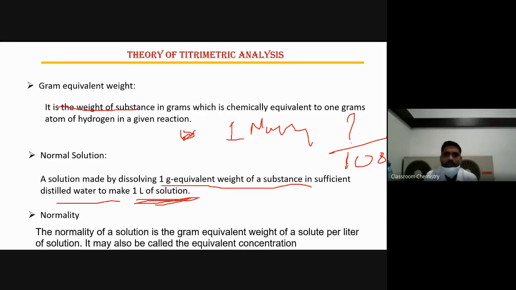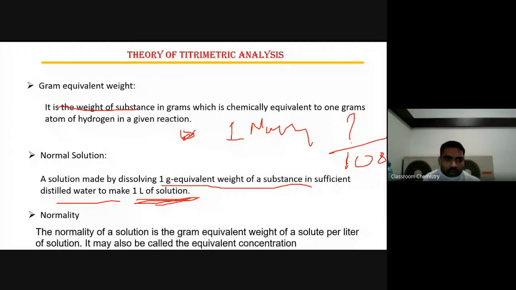Why 40 gram? The answer is correct and very good, but why 40 gram? Because before this, we studied molarity. Molarity is nothing but its molecular weight dissolved in 1000 ml, and hence we dissolve 40 gram of NaOH in 1000 ml of water.